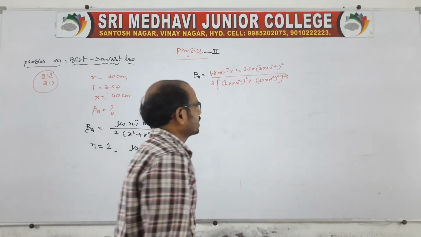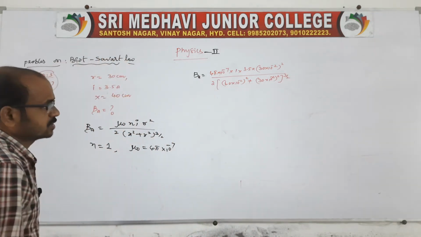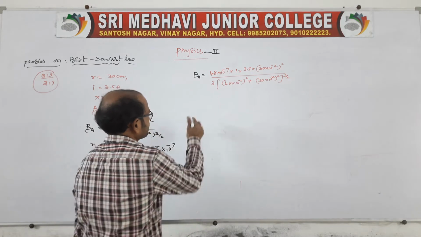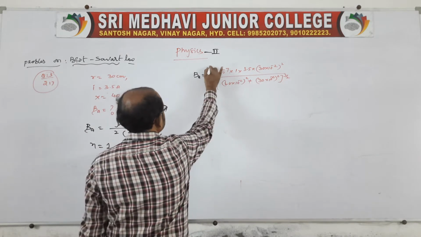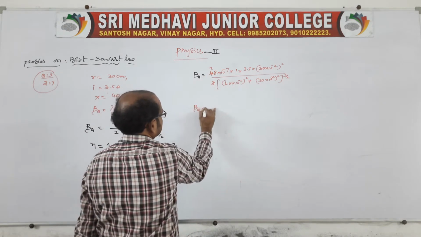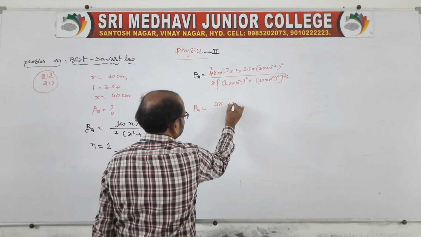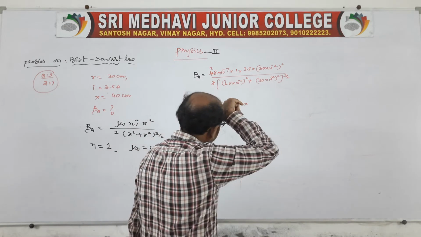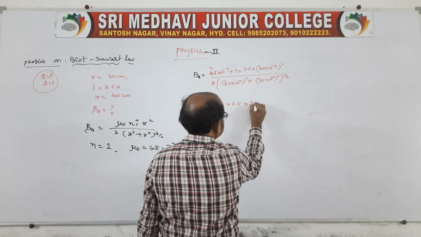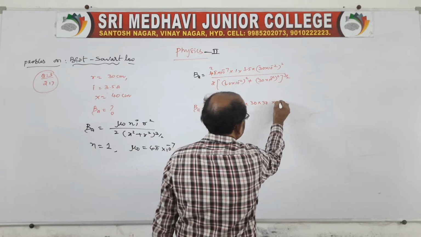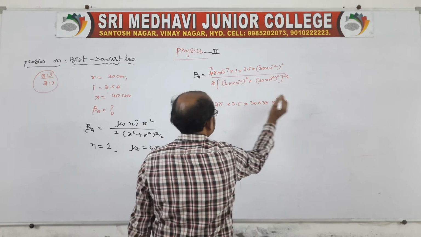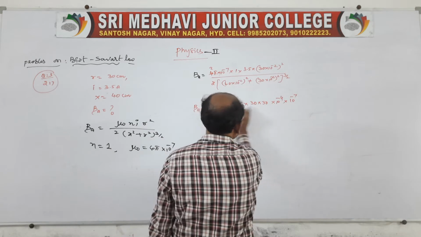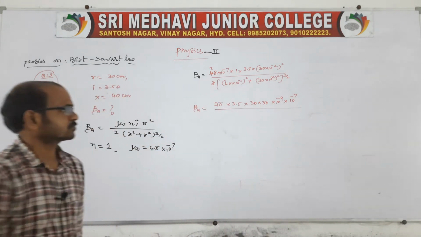Here the calculation is a little tough, so we should make it easy. Here the 2s cancel. See, 2 pi into 3.5 into 30 square, no, 30 into 30, you write 10 power minus 4. Here 10 power minus 7 is there, so you write 10 power minus 7.